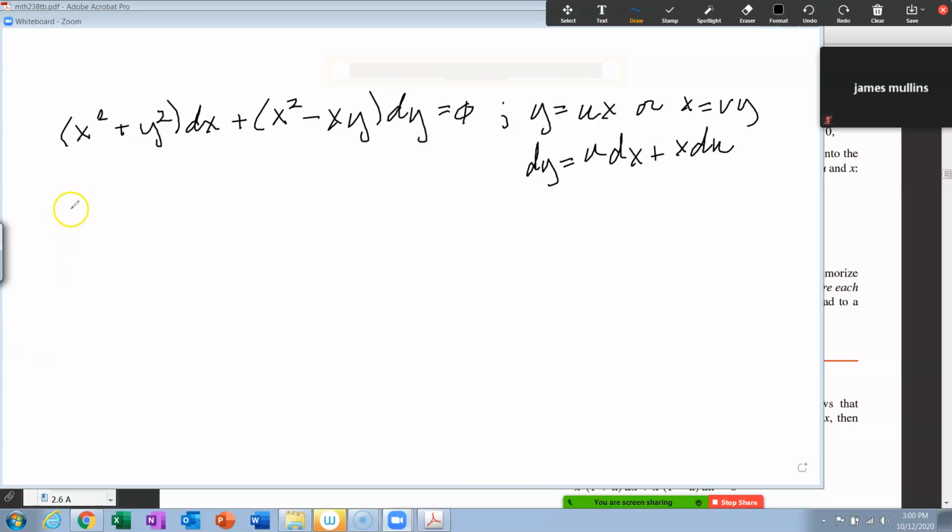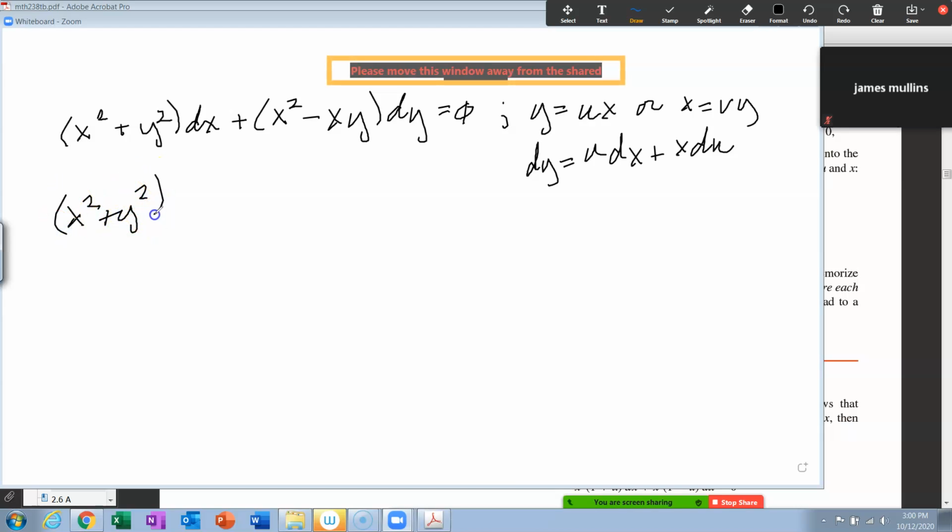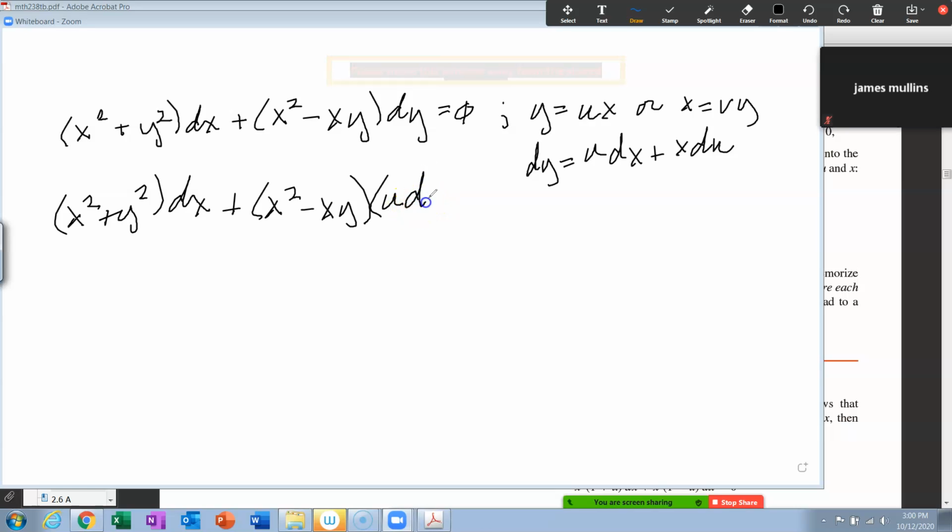This will be x squared plus y squared dx plus x squared minus xy, and then instead of dy we write u dx plus x du.